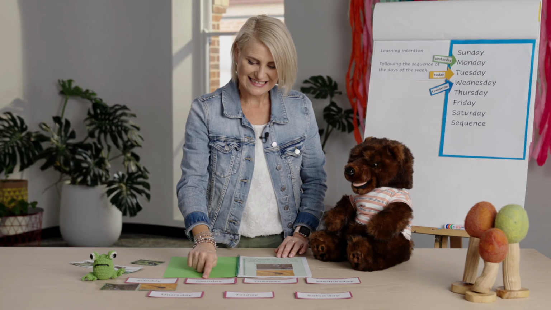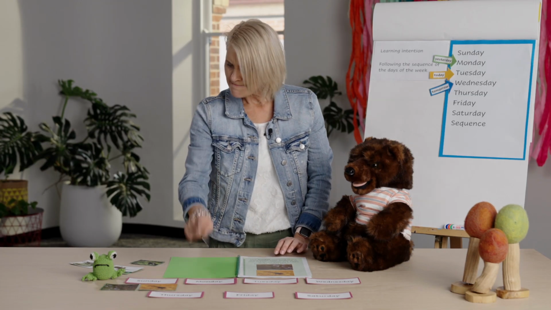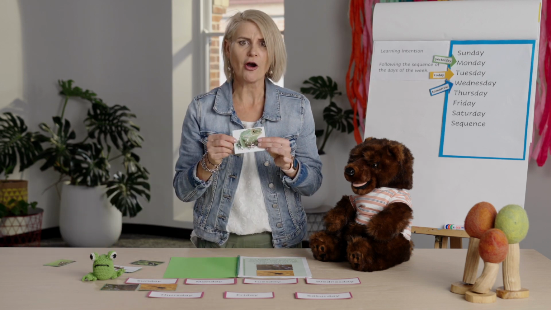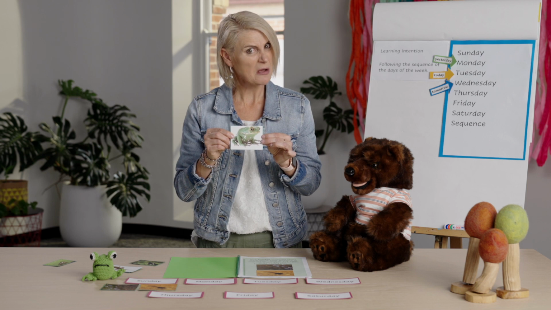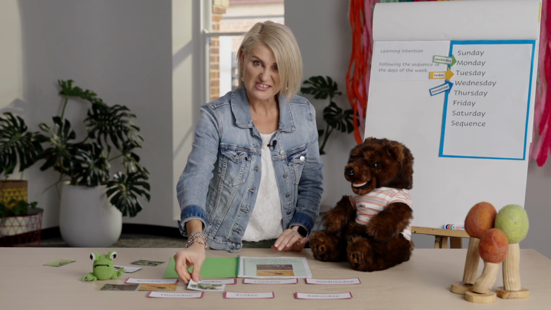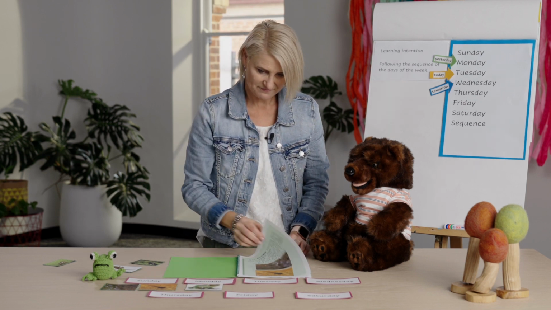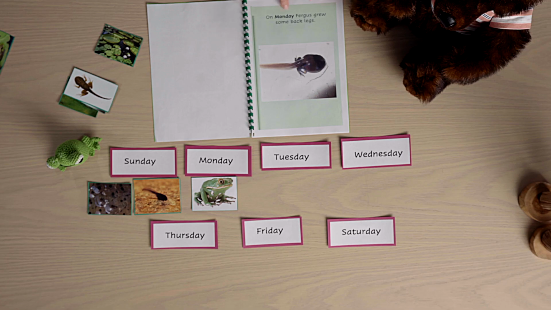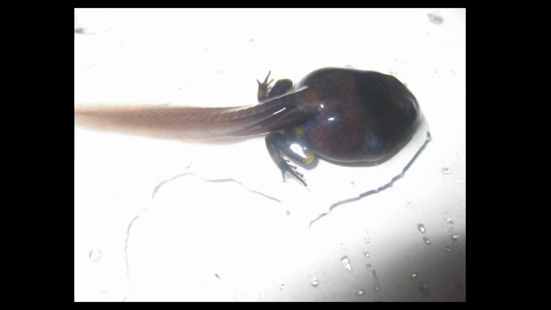Okay, let's see what happened next on Monday. Maybe on Monday, Fergus turned into a frog. Do you think that was what happened? Let's check. On Monday, Fergus grew some back legs. He didn't turn into a frog on Monday.